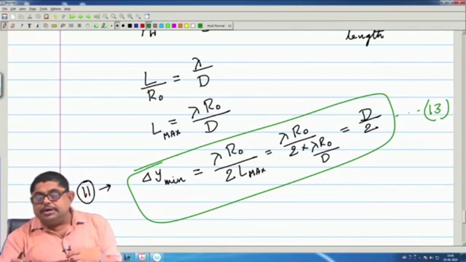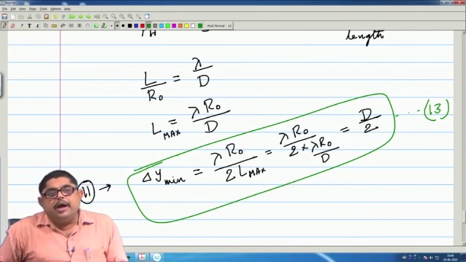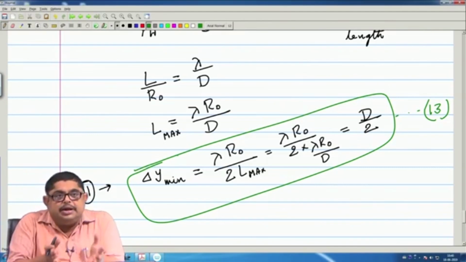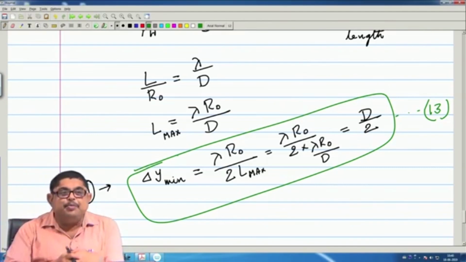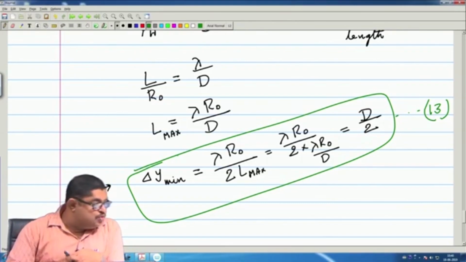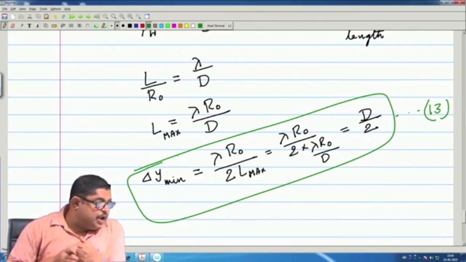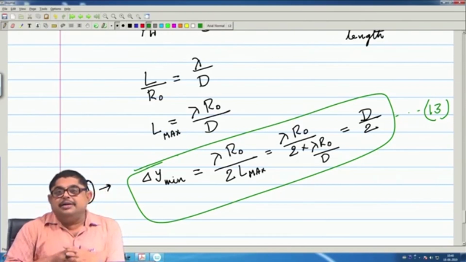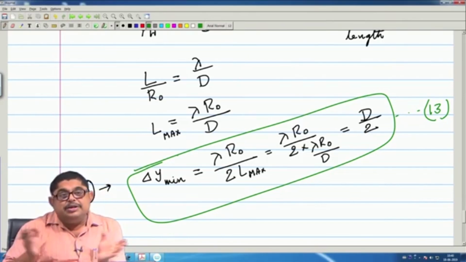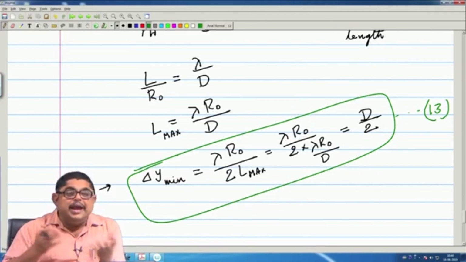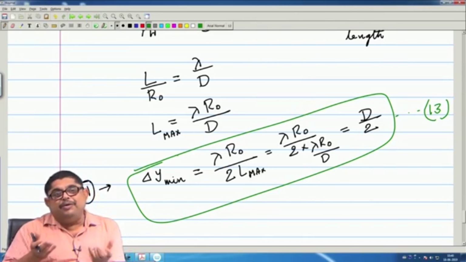Now, here one question can be asked: I will make my real antenna smaller, that will improve my resolution. Can we do that? I think no SAR engineer will recommend that. Why? Because if you make your antenna smaller, the gain of the antenna will fall.